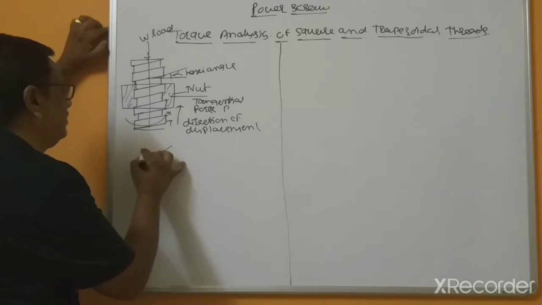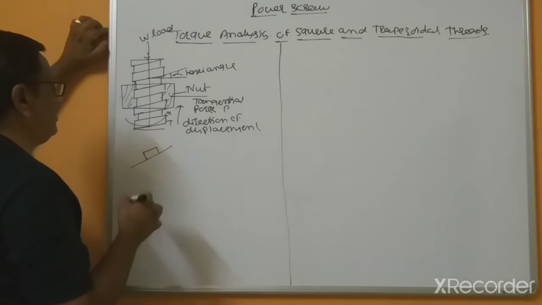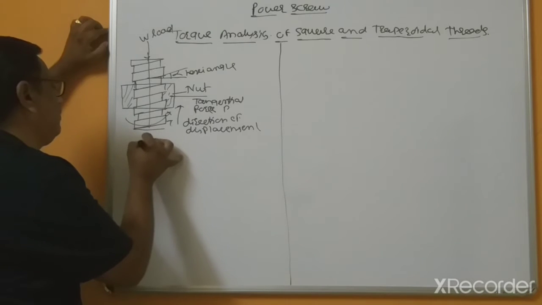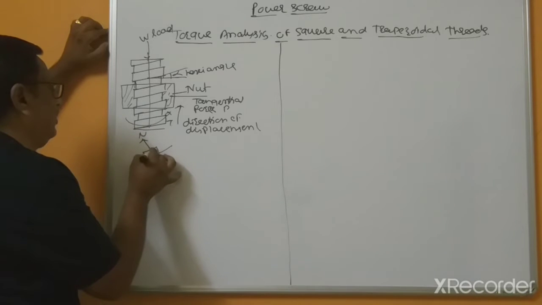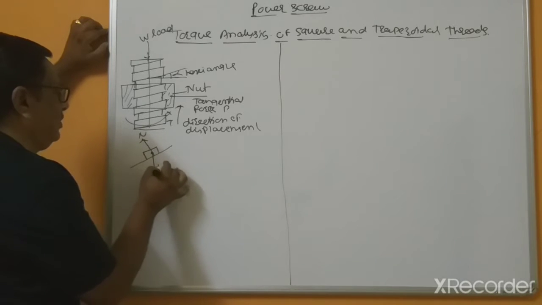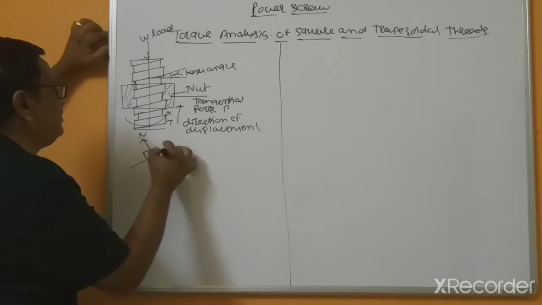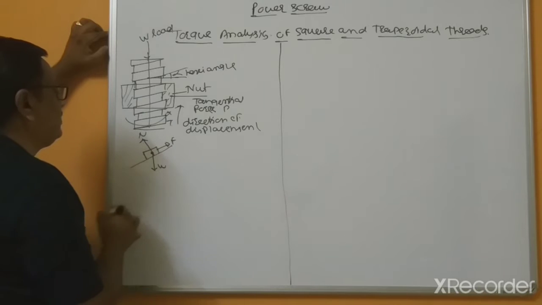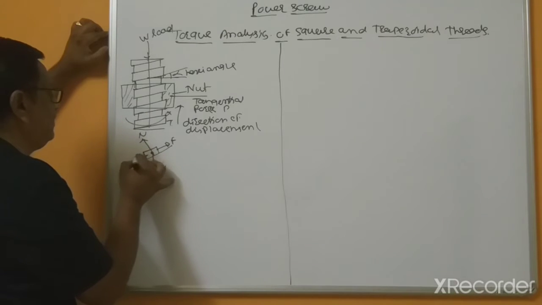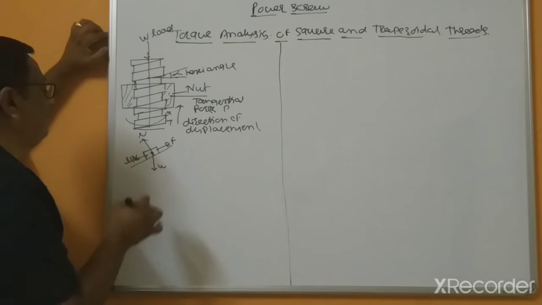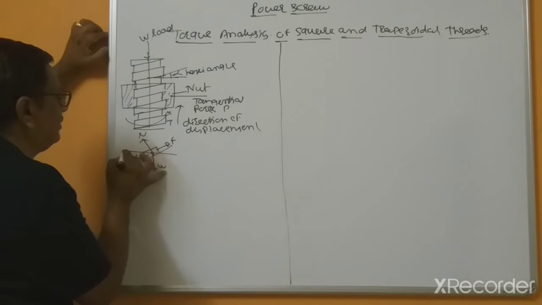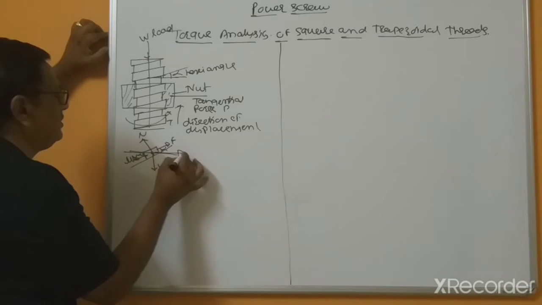Suppose this is the thread, so the force acting, and this is the normal force, N is the normal force, and W is the load acting downwards. This force F is because the load is to be lifted up, and this is the frictional force mu into N, and this angle is alpha.